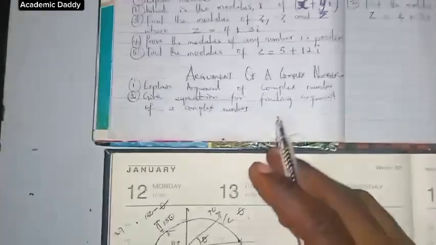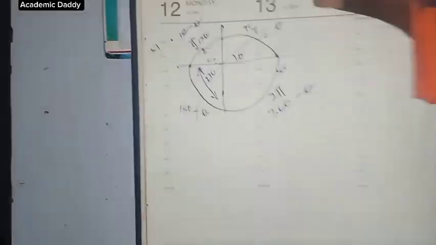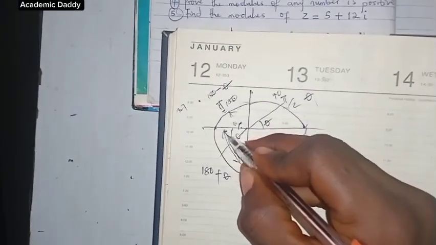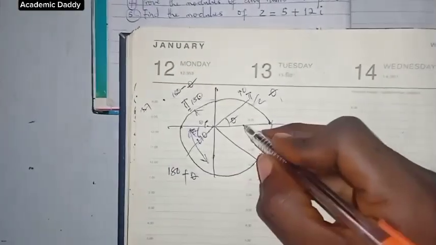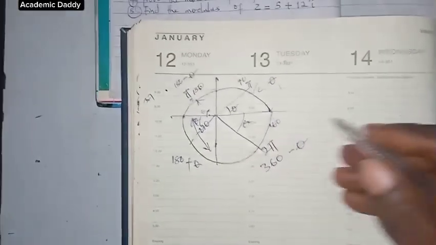Then they say give the equation for finding the argument of a complex number. So the equation is simply given by always knowing that you're using the part that makes contact with the horizontal.